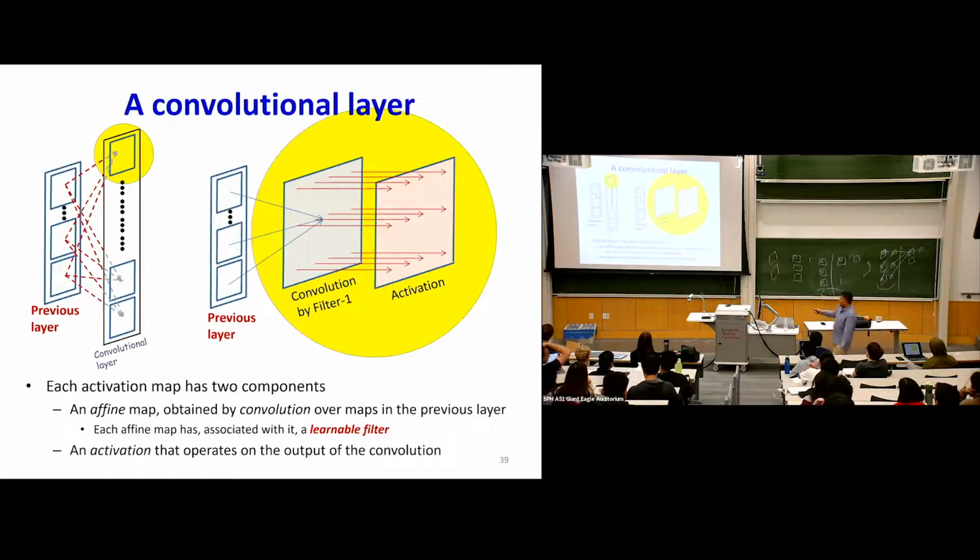You'll be computing these values from all the positions of the input, and so correspondingly, you're going to get an entire map of affine values. Then each of these affine values is put through an activation function, and so then you're going to get an activation map over here. The affine map has corresponding to it these filters, and these filter parameters are learnable.